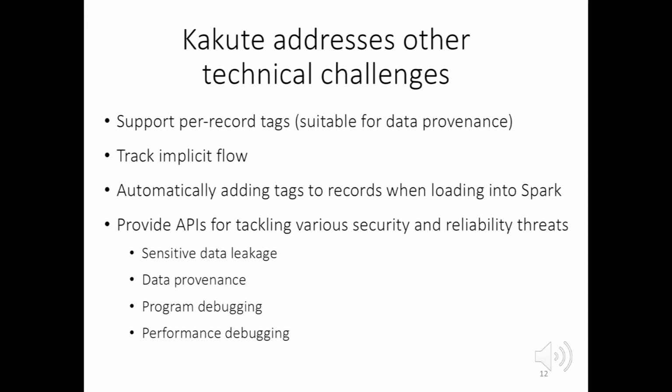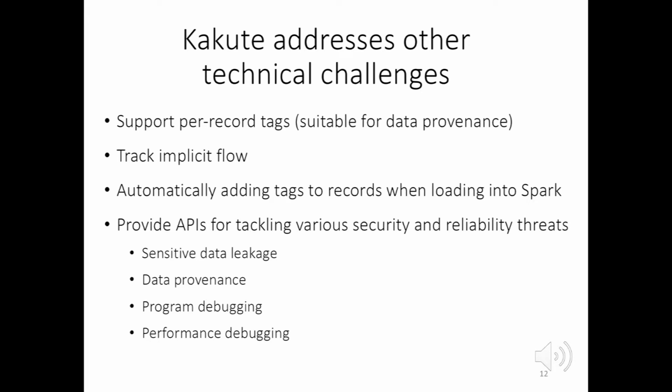Kakute also addresses other technical challenges in our implementation. First, it supports per-record tags. Kakute can attach unique tags for each data record for security and reliability tasks. Second, Kakute can support some implicit flows such as emitting a constant from a sensitive record.